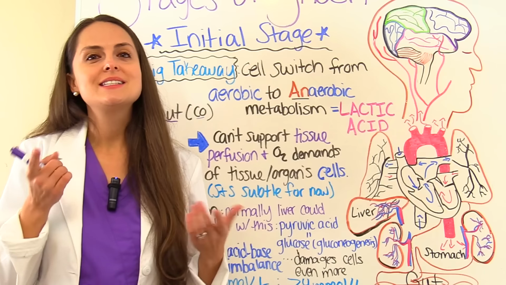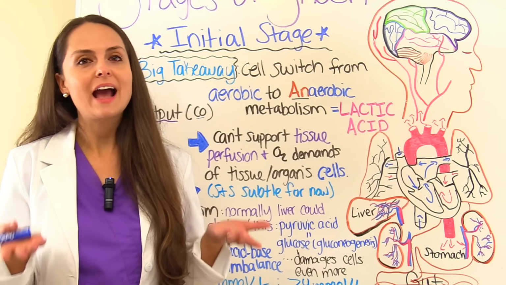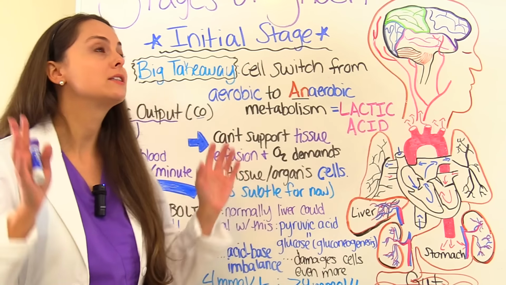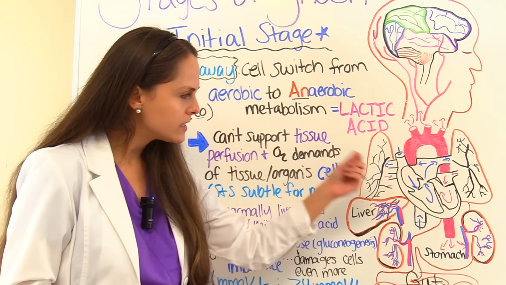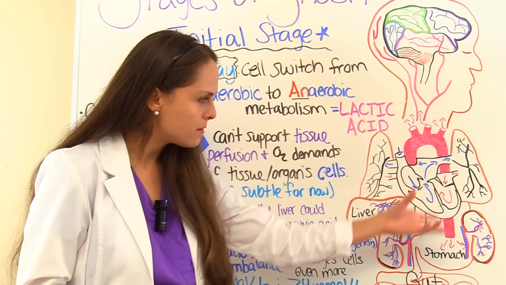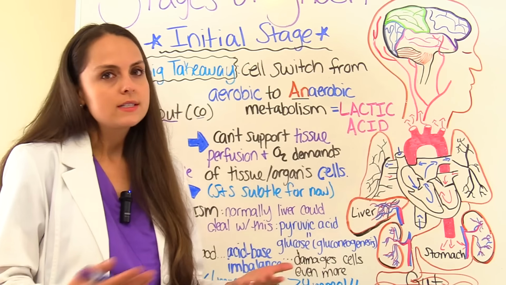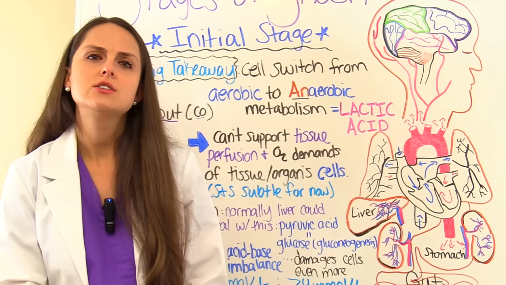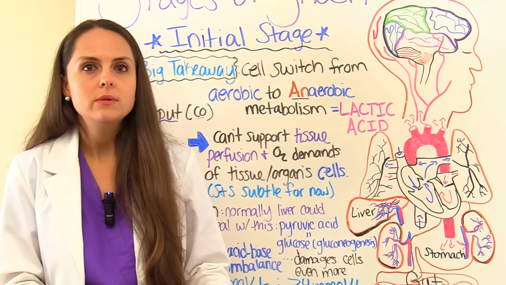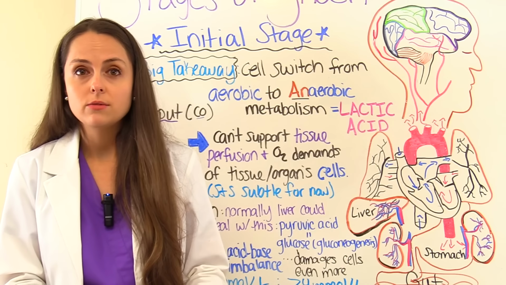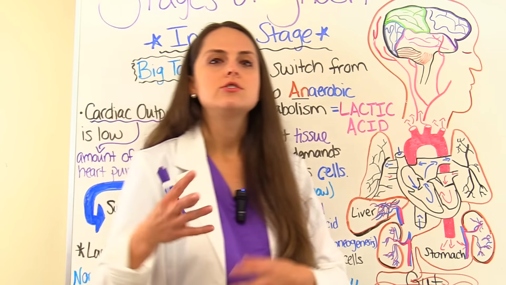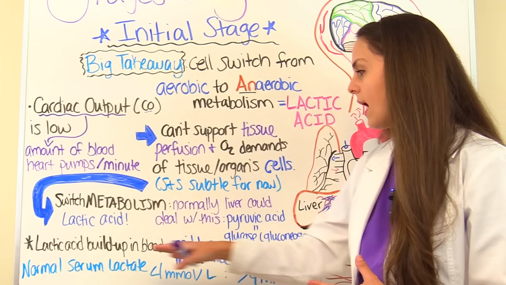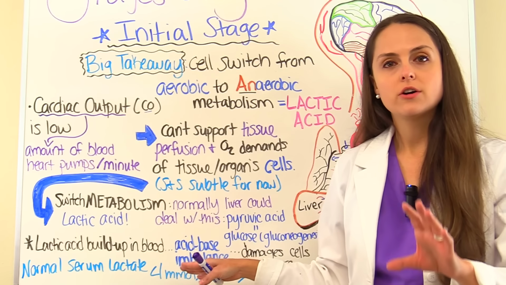But our liver is suffering as well because cardiac output is low. So if cardiac output's low, all the arteries that feed our liver that come through that heart, the liver's not receiving as much oxygen as it should, so it can't really deal with the lactic acid because those cells that deal with the lactic acid are suffering. So lactic acid starts to build up in our blood, and that is not good.